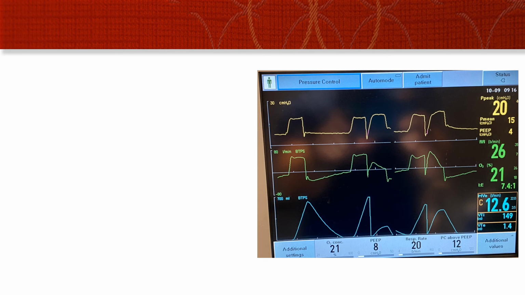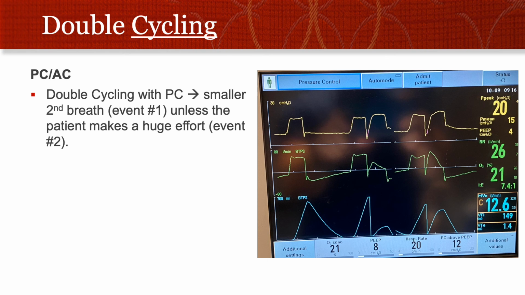And you can see here with the first event that the patient gets a much smaller second breath. But on the second event that this happens on the right side of the screen, you can see that the patient makes an inordinate amount of effort and they get a much bigger second tidal volume. This is called double cycling, or two breaths before the breath is done. And it's a very common and very serious problem in critical care.